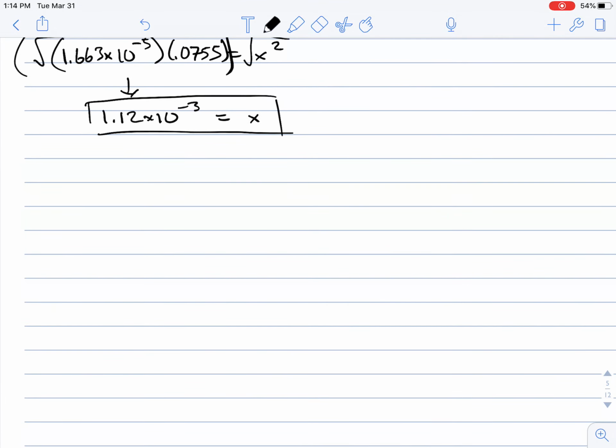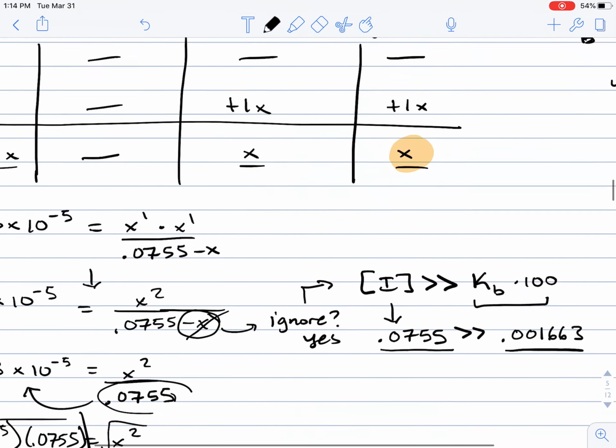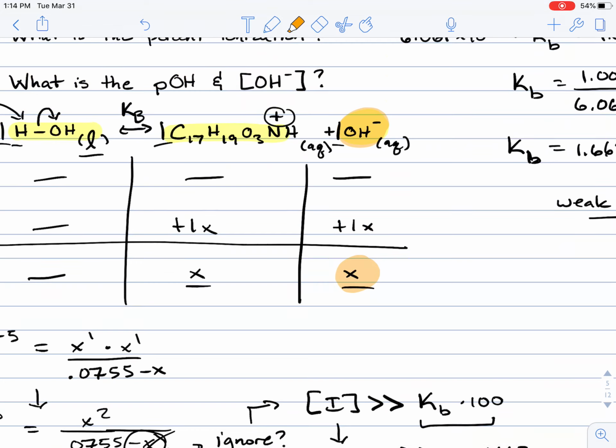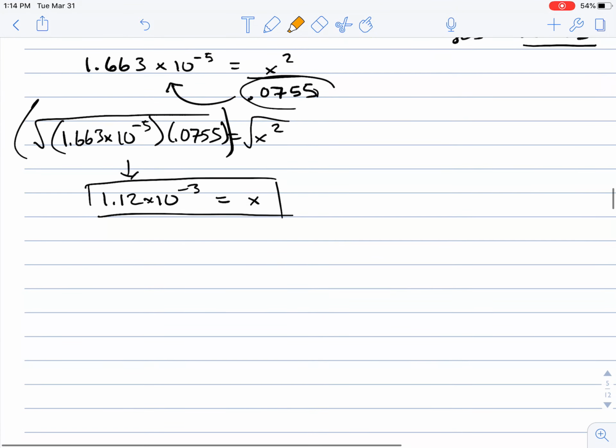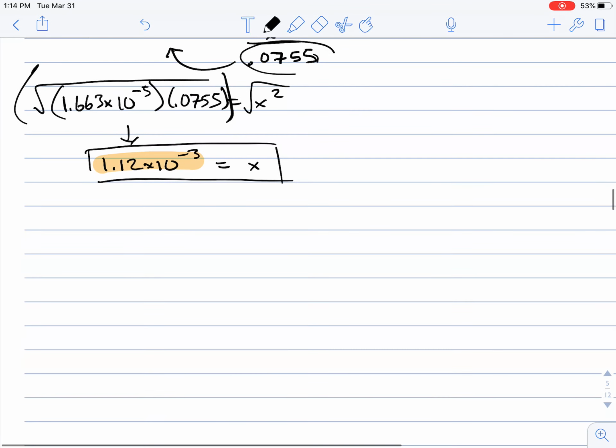Okay. And so since at equilibrium, OH minus was just defined as x, therefore this value also equals the molar concentration of hydroxide ion at equilibrium.